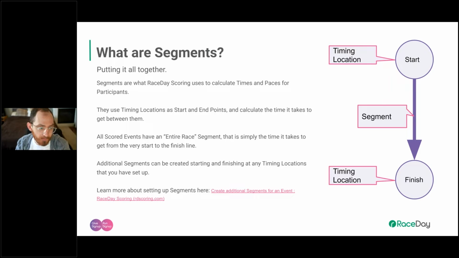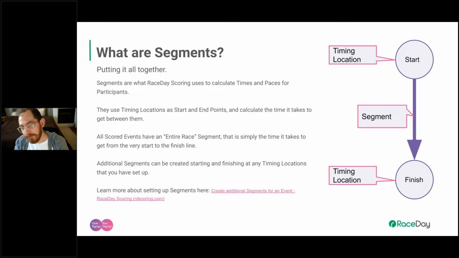So all scored events have an inherent entire race segment. That is simply the time it takes to get from the very start to the finish line. Additional segments can be created starting and finishing at any timing location that you have set up. So if you had a start and a finish, but you also had a checkpoint, you could create a segment that says, what is the difference between the start time and the time that they hit the checkpoint?